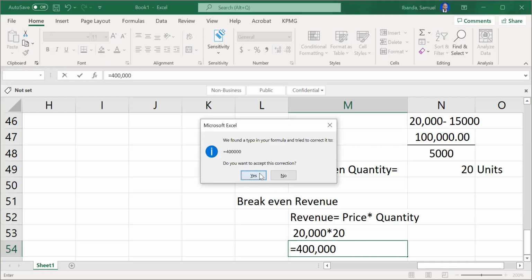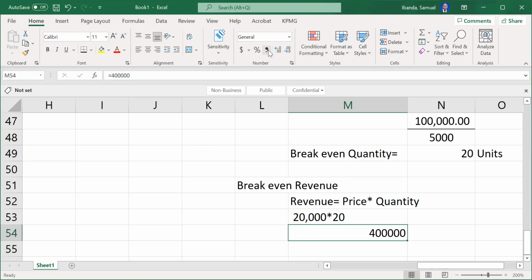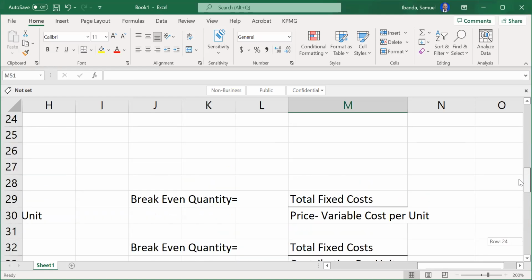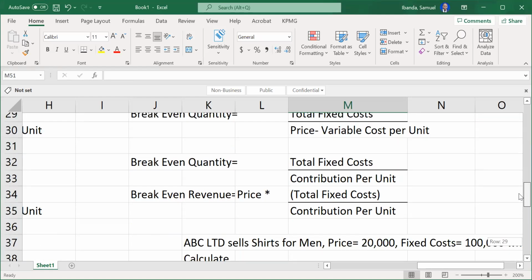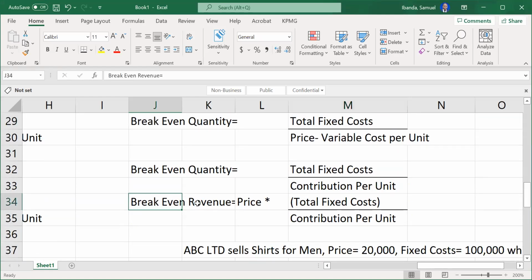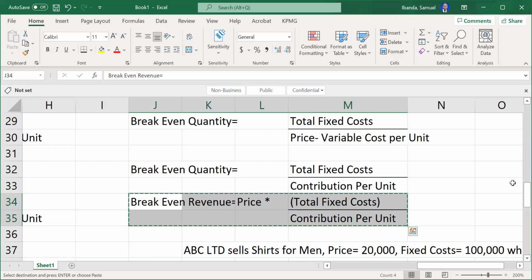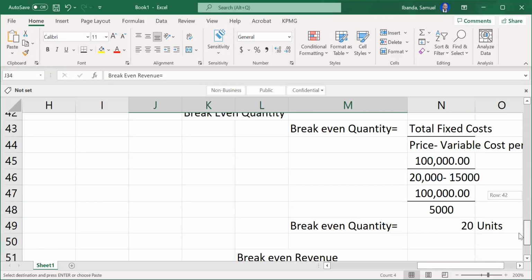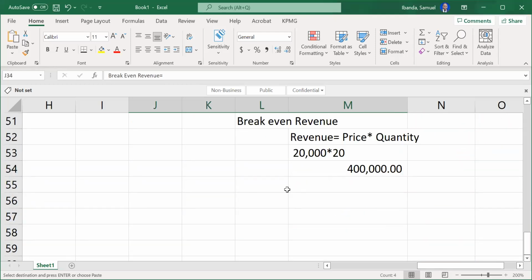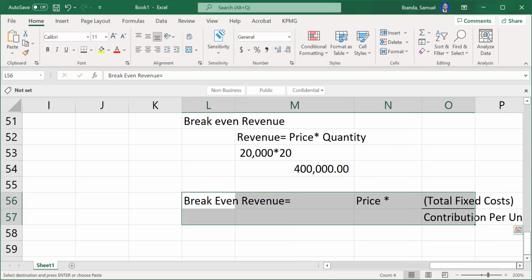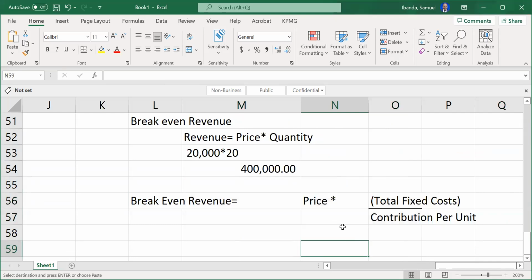400,000. But it is the same solution you will get if you calculate this directly using this formula. I'll give you an example. If I want to use this formula, my price is 20,000.